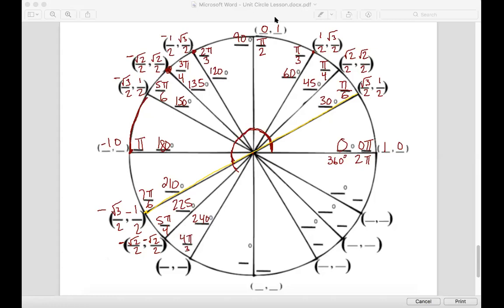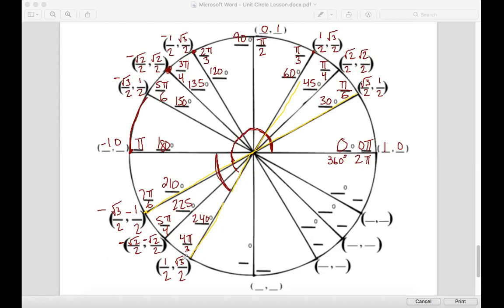And if we kind of trace this one out, we'll see we're here, and if we go straight across, that matches up with 60 degrees. So it's a half and root 3 over 2 again. So again, this is a 60-degree reference angle because there's 60 degrees right in here.